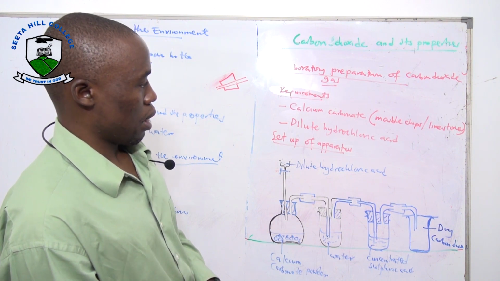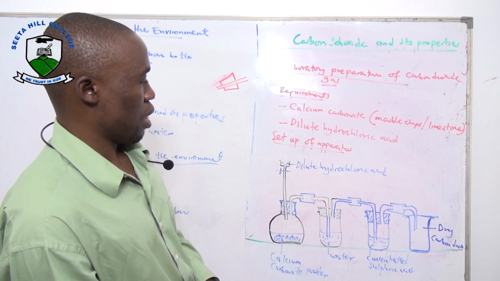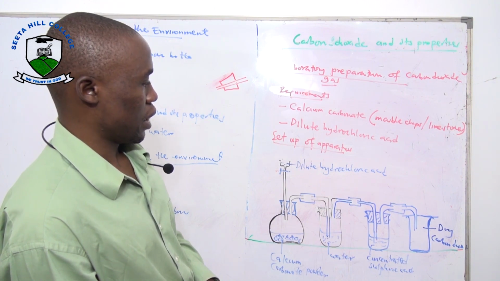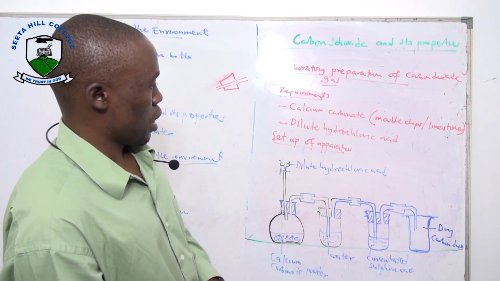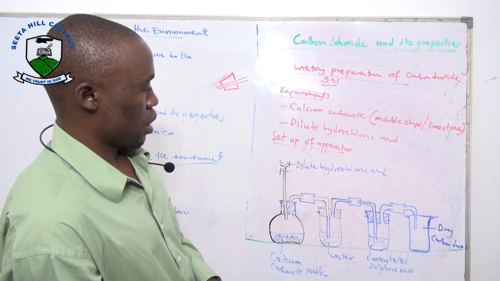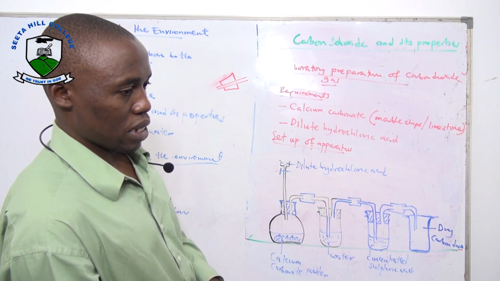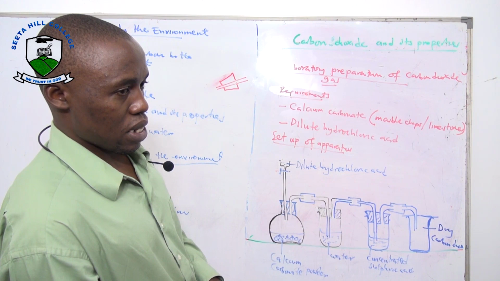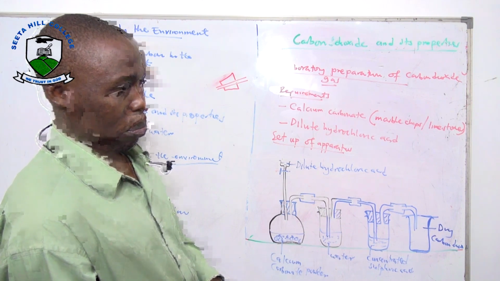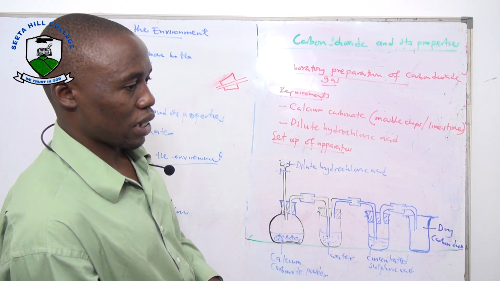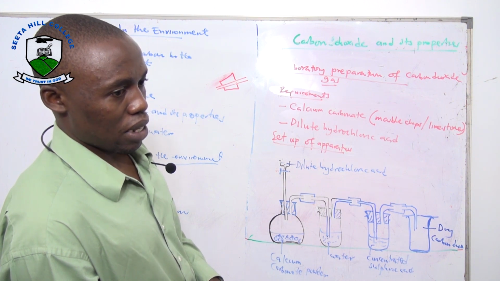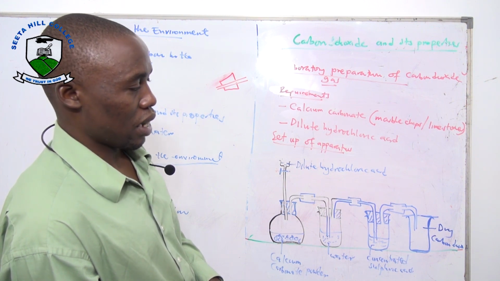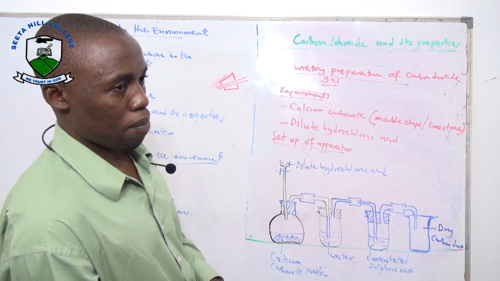As you observe, I want to shift very fast to how you chemically test for carbon dioxide gas. We have said chemically using lime water. And how does the color change when carbon dioxide enters lime water? The lime water turns milky.